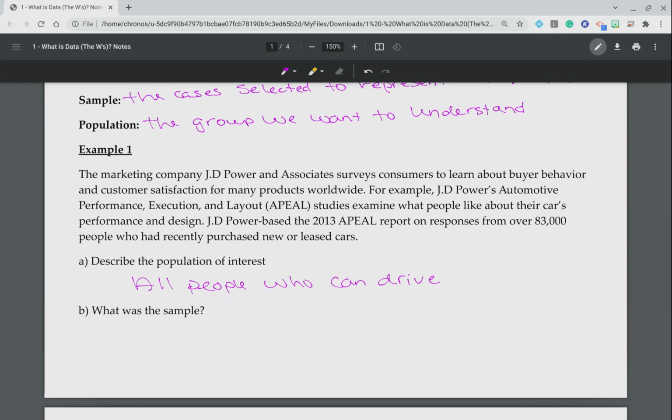So we take a sample of that population, and their sample was 83,000 people who recently purchased or leased cars. All right, so by taking a survey of a smaller population, we can then make an educated guess on how the whole population feels about that. Okay.